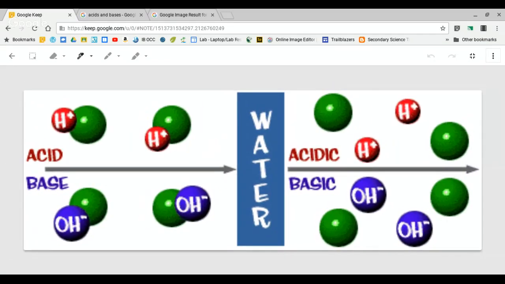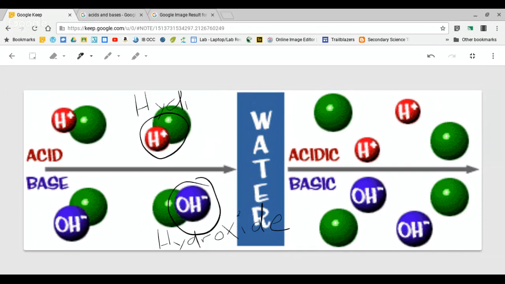So bases have this right here, which is called hydroxide. That's something you want to know for the rest of your high school life and college life. Hydroxide, whereas these up here are hydrogen ions. Technically they're both ions, hydrogen ions and hydroxide ions.